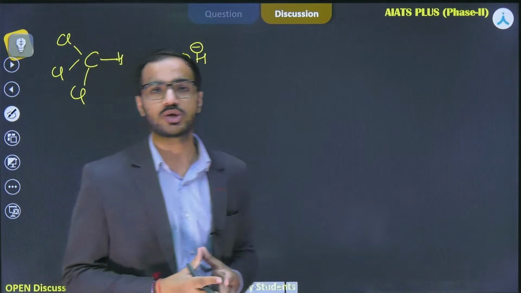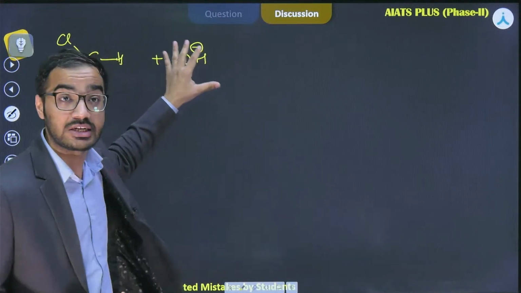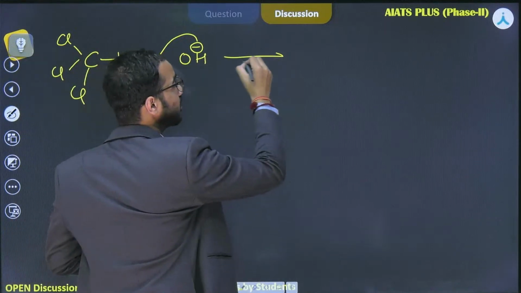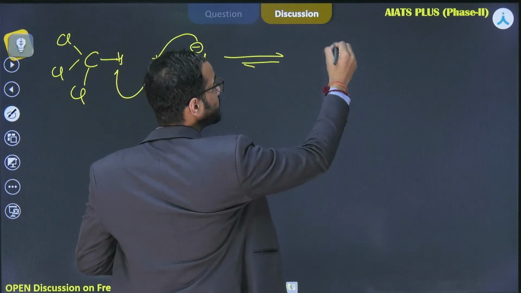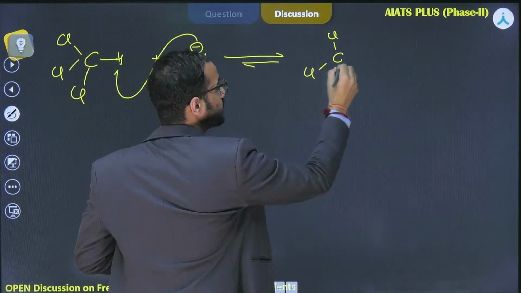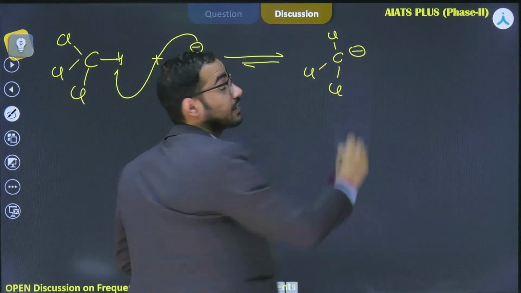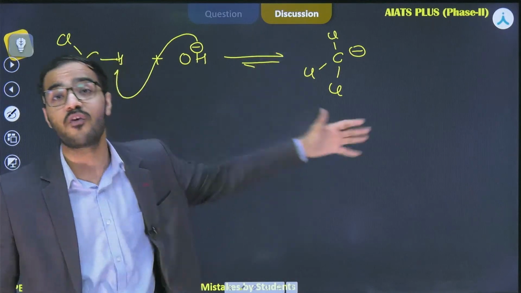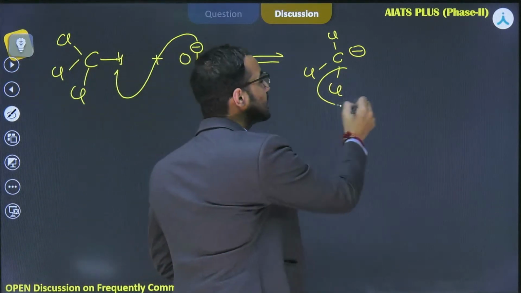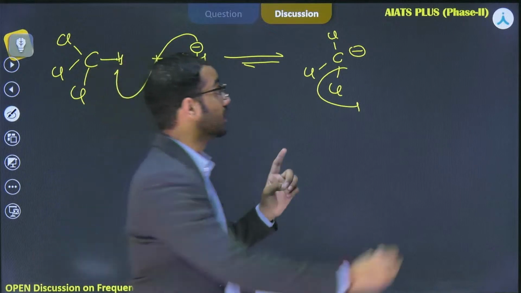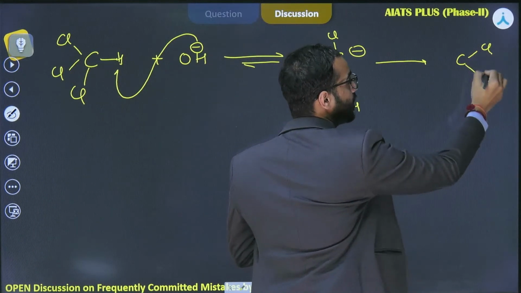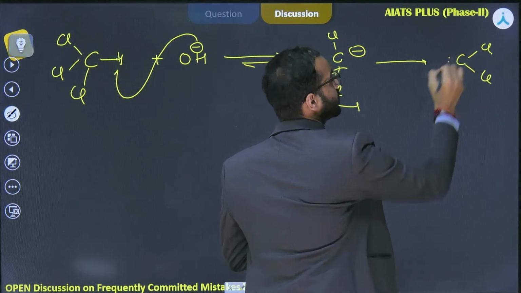So OH minus will take a proton and yield CCl3 negative. After this it will undergo alpha elimination, and the release of Cl negative takes place, yielding carbene, CCl2.